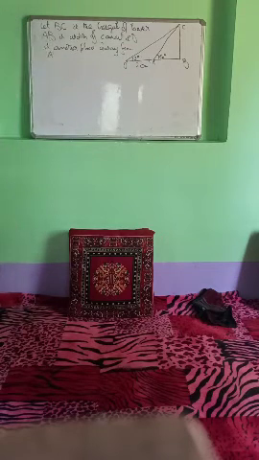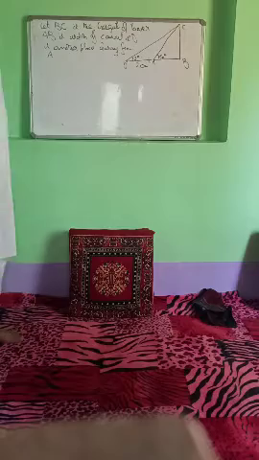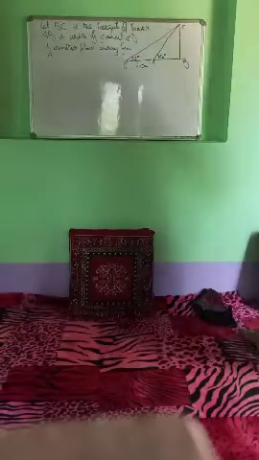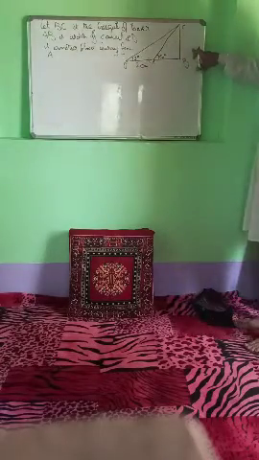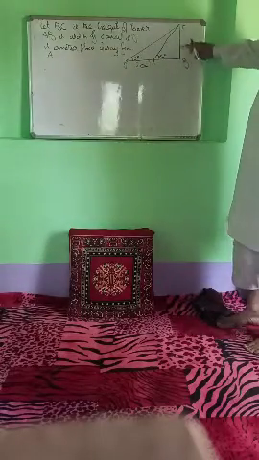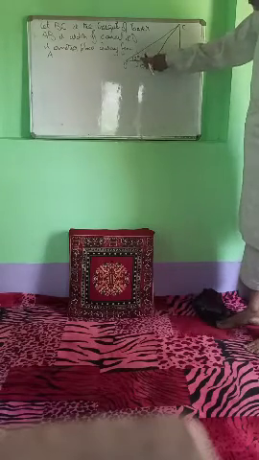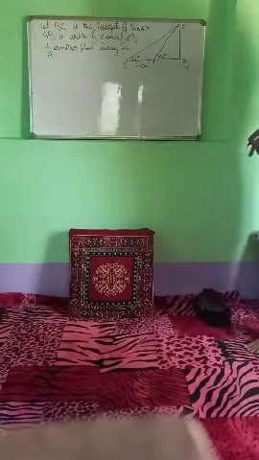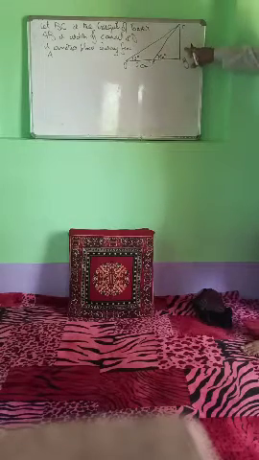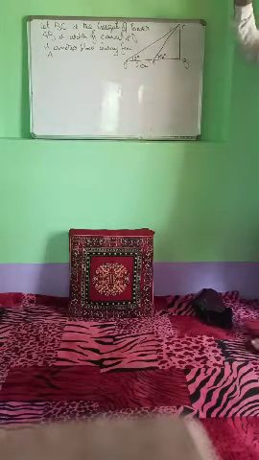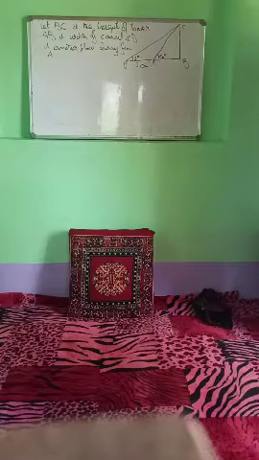Now, first I will tell you boys, this BC, which is opposite to this angle and also to this angle, is the common side of both the right angled triangles.